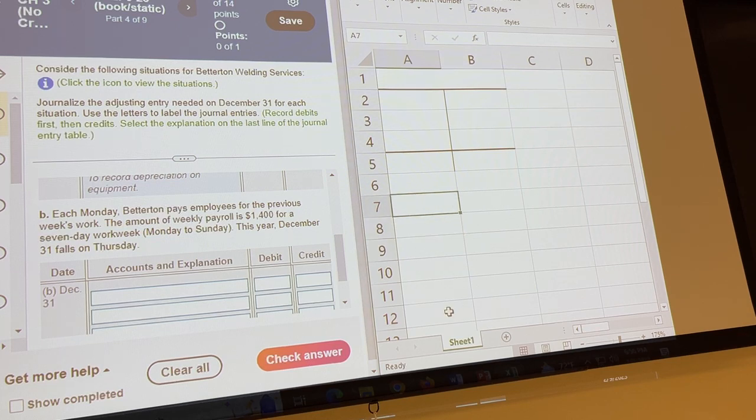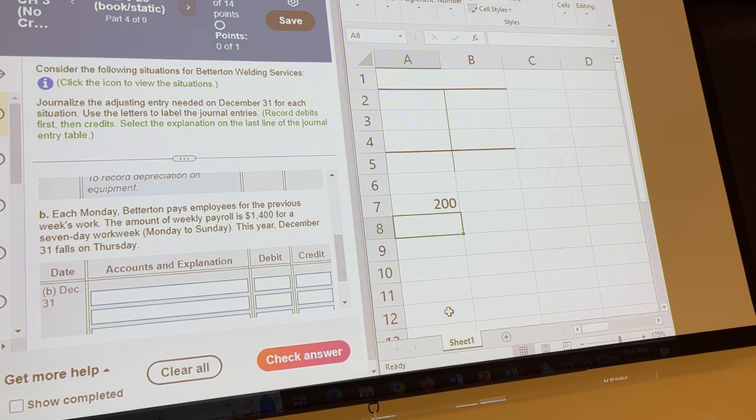So the weekly payroll is $1,400, and that's for 7 days a week. So the amount of daily payroll is $200. Now, the end of the year falls on a Thursday, December 31st.